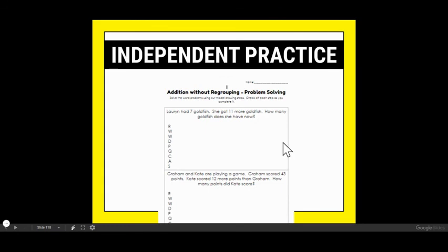So not the number bond and not the picture today. I want you to practice using those steps. If you need to go back and watch the video as you're doing it to help, you can do that. But when you are finished, please make sure to upload this into Edgenuity for me and let me know if you have any questions. I know that this can be a little bit tricky, but I promise as we do it more, it does get easier and easier.